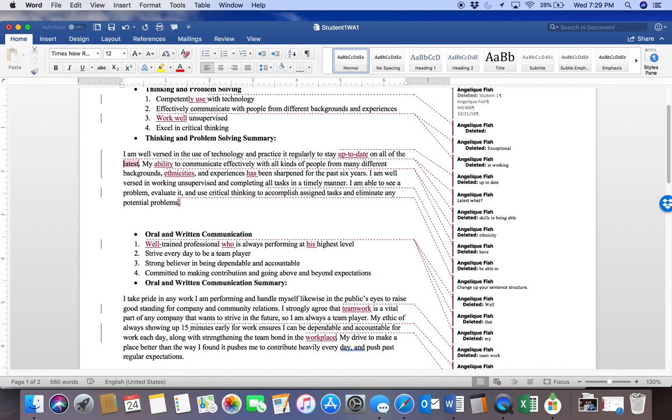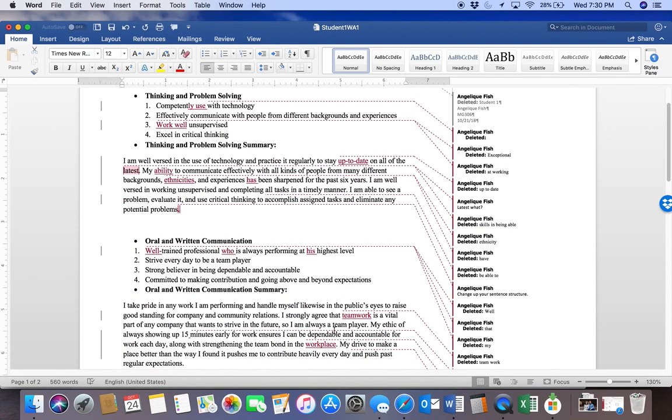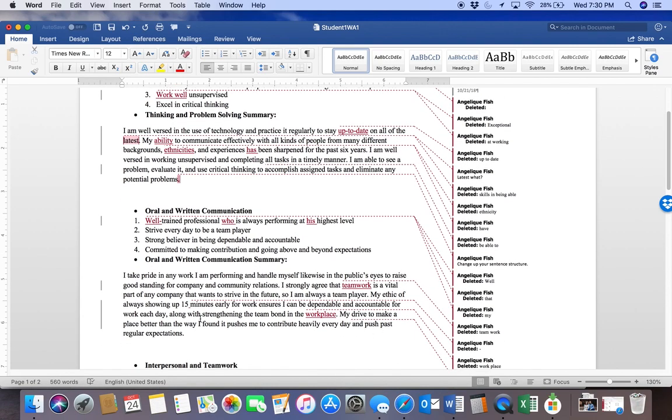My drive to make a place better than the way I found it pushes me to contribute heavily every day. We don't need a comma because we're not joining two complete sentences with this conjunction. If you were joining two complete sentences, you would need a comma, but push past regular expectations is not a complete sentence, so we don't need a comma with that. So my drive to make a place better than the way I found it pushes me to contribute heavily every day.